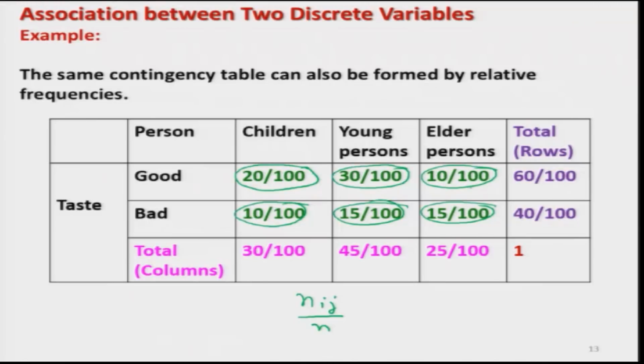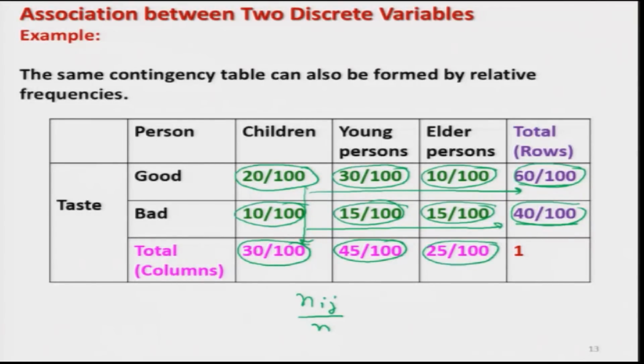Now, once again when I sum them row wise, their sums are 60 by 100 and 40 by 100 in the first and second rows. So they give us the marginal relative frequencies, and in the columns when I add them, these numbers are 30 by 100, 45 by 100 and 25 by 100.